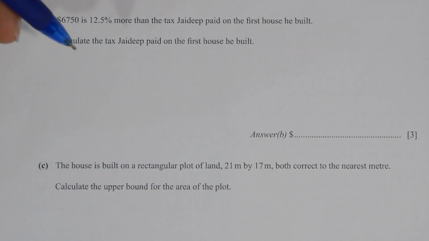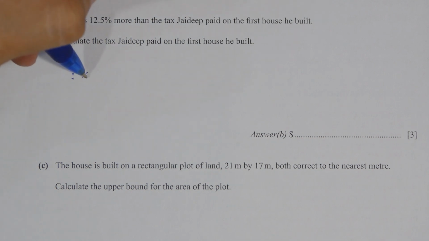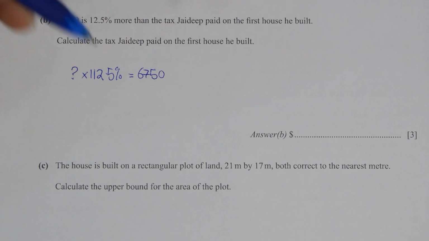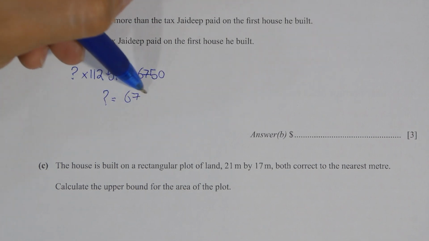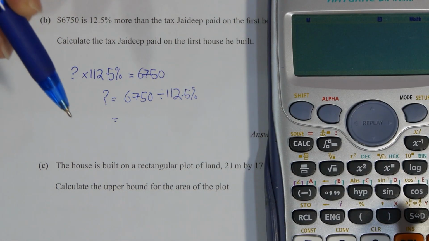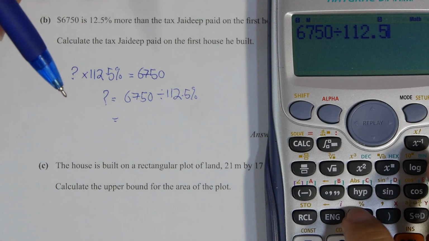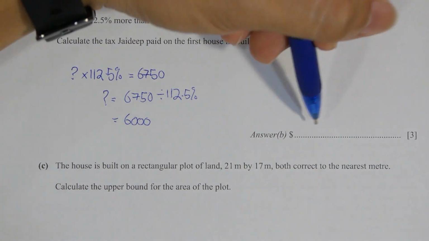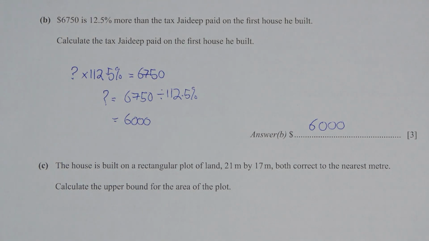So for part B, the value that we got earlier is 12.5% more than the tax paid on the first home. So first home times 12.5% will be equivalent to 6,750. You run the calculation and you will find that the tax amount paid on the first home is actually 6,000 only.